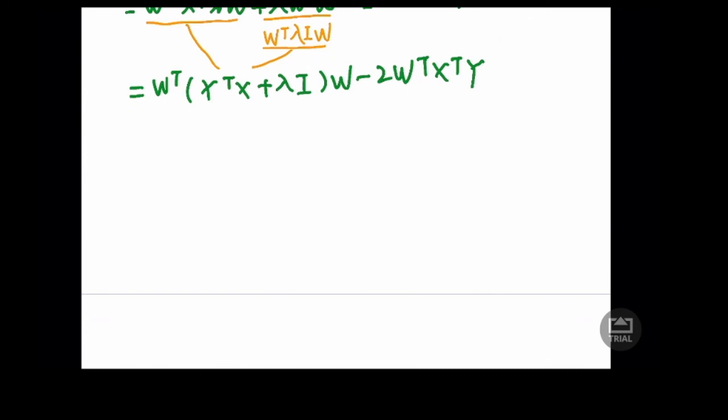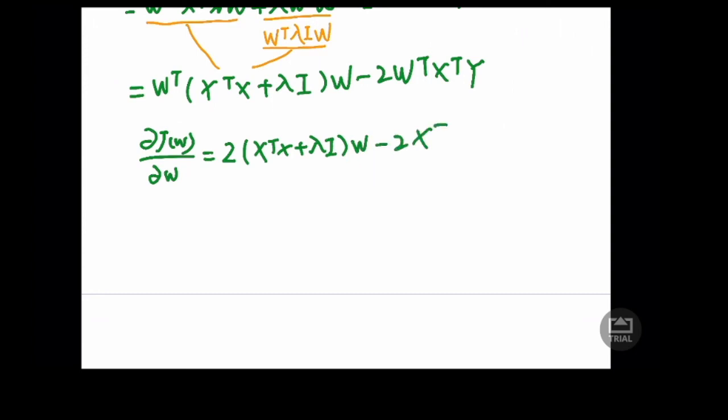And then we'll optimize this function by taking partial derivatives. Partial G of W over partial W equals 2 times (X transpose X plus lambda I) W minus 2 times X transpose Y. We set it to 0 and then solve this equation.